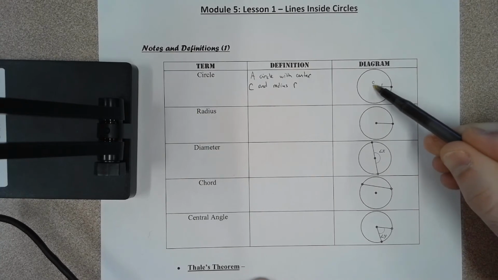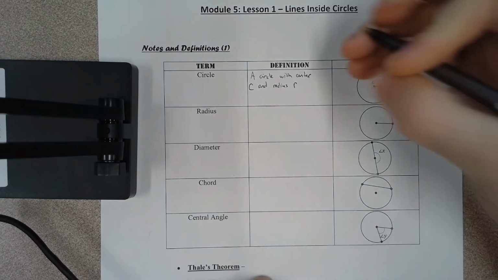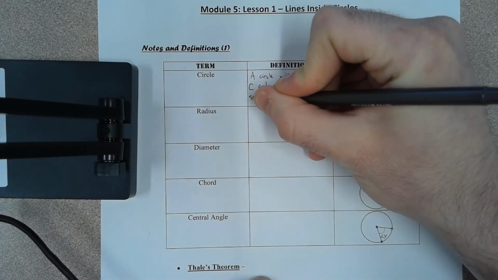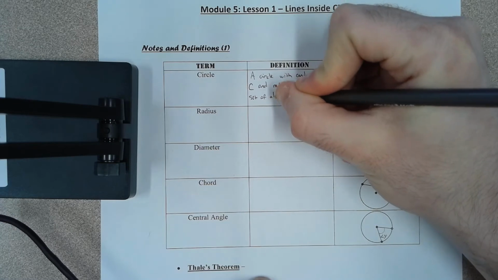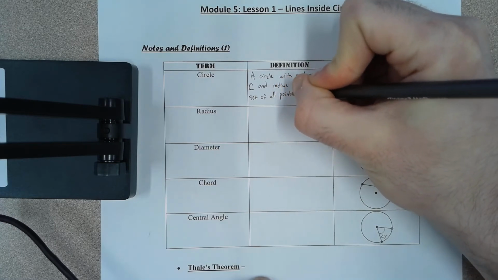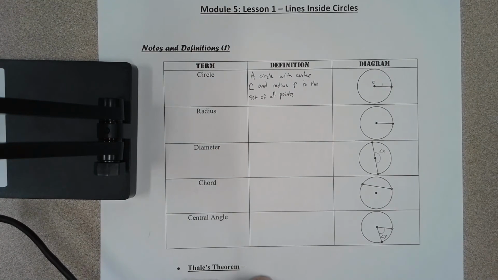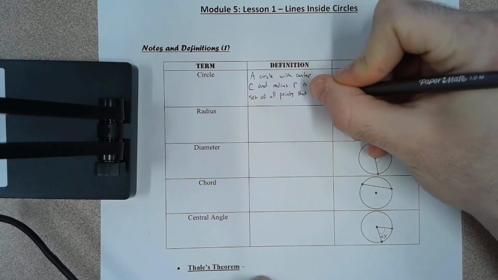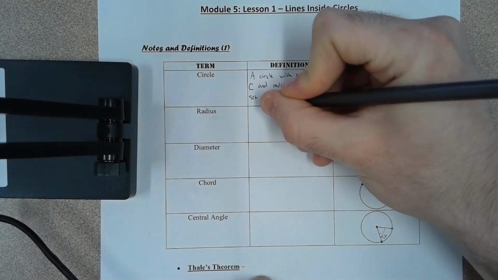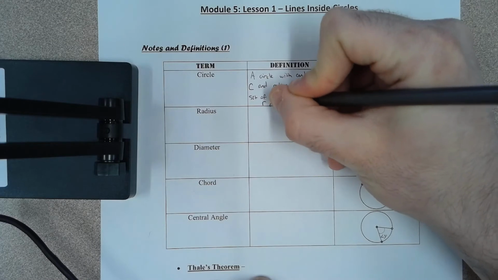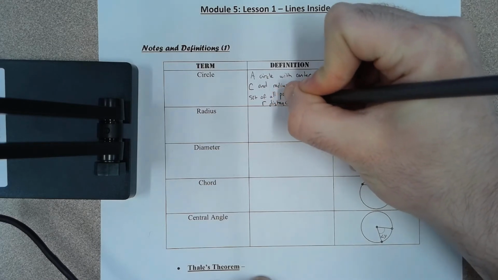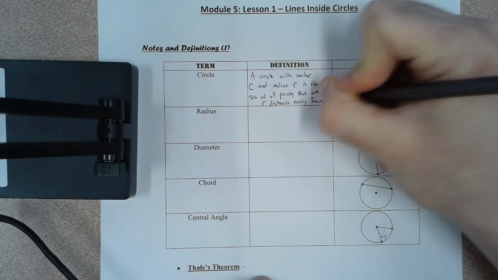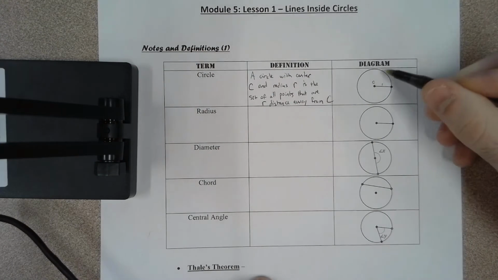We have a center C and a radius R, is the set of all points that are R distance away from the center C. Meaning, so this is a circle.